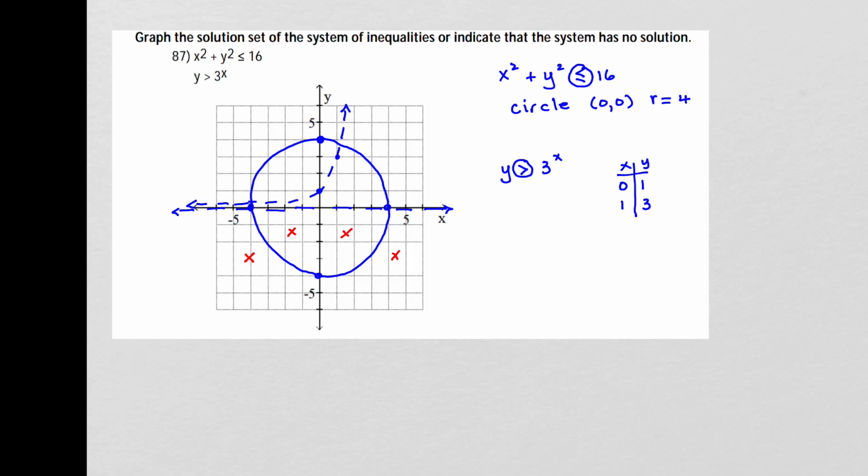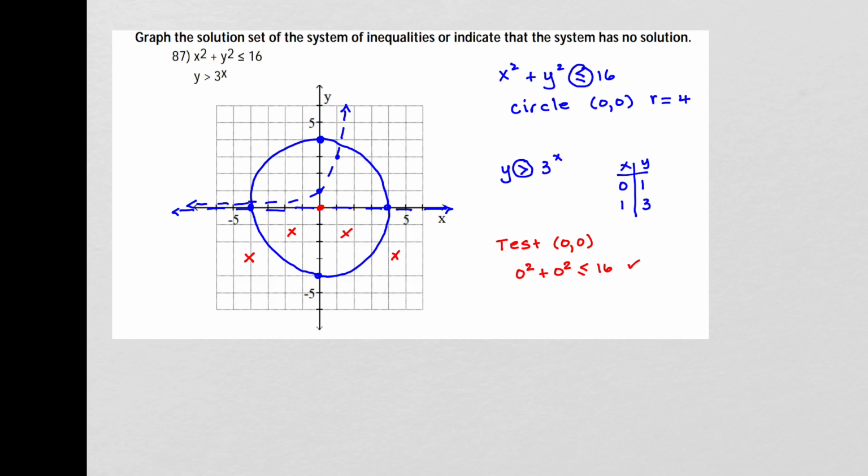Now, let's take a test point for our circle. I'm going to test the point 0, 0. And if I plug that in, I get 0 squared plus 0 squared is less than or equal to 16, which is true. So here's my test point.